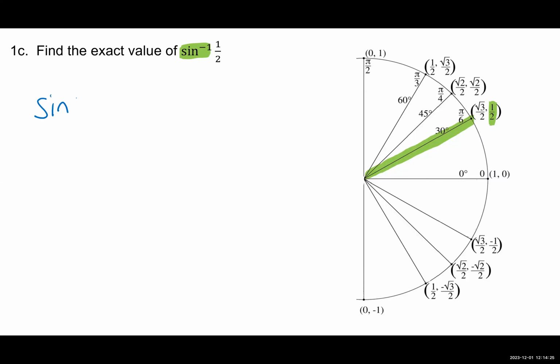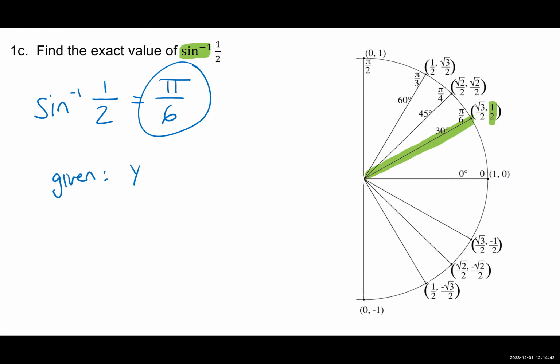So the sine inverse of 1/2 is equal to pi over 6, right? We're basically given the y value. We want to find the angle, right?